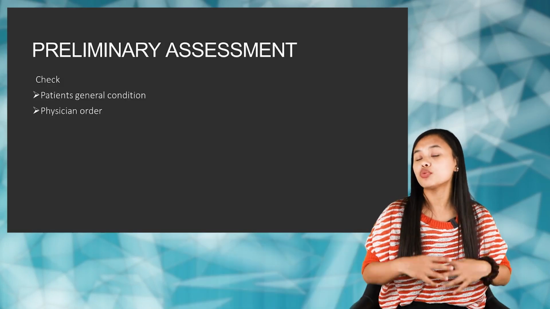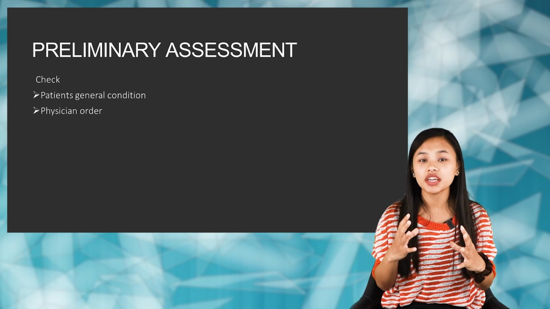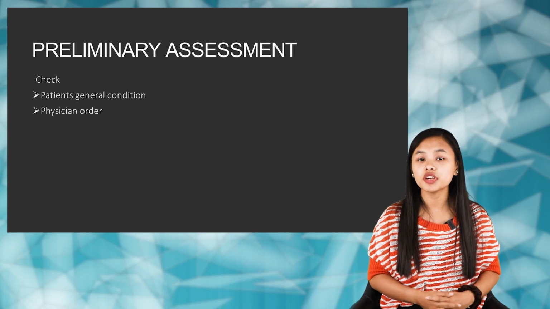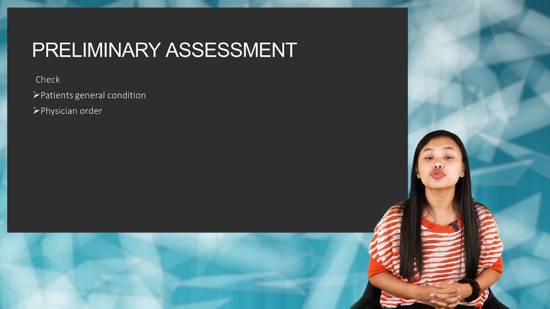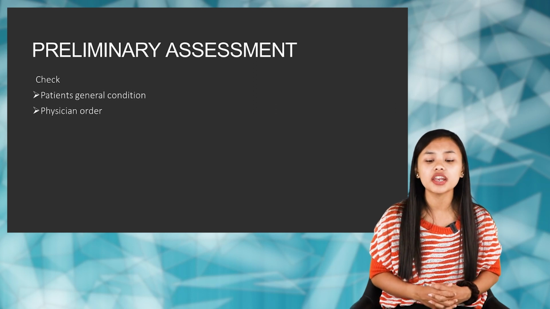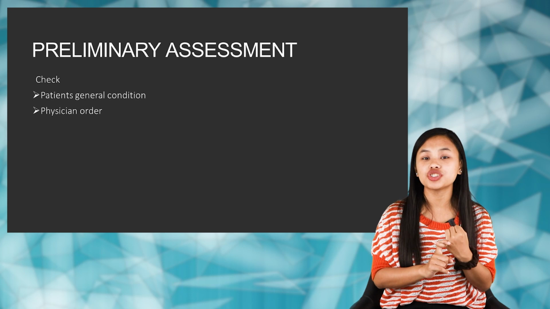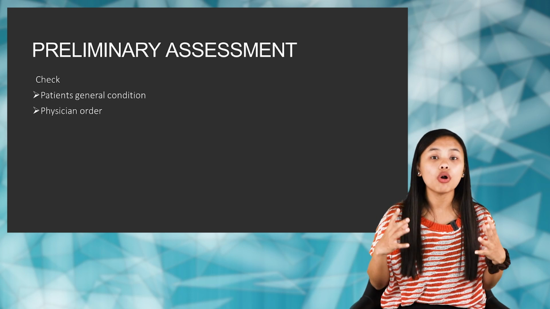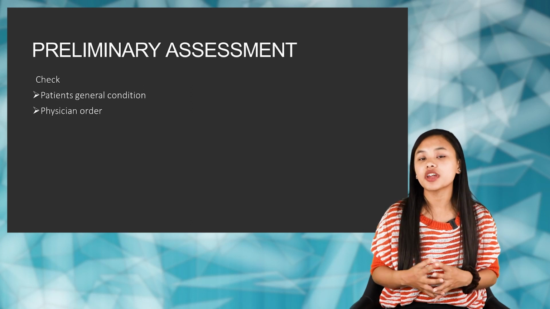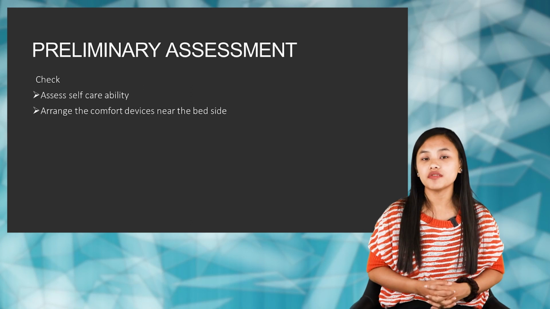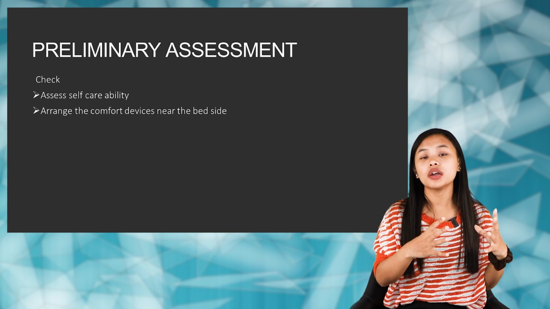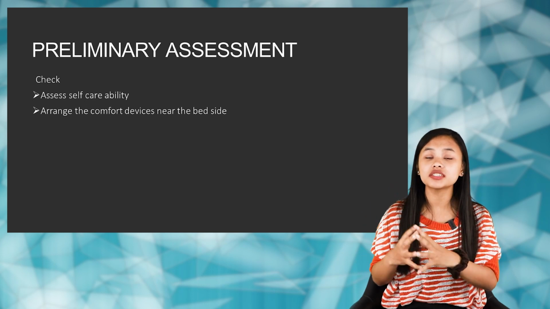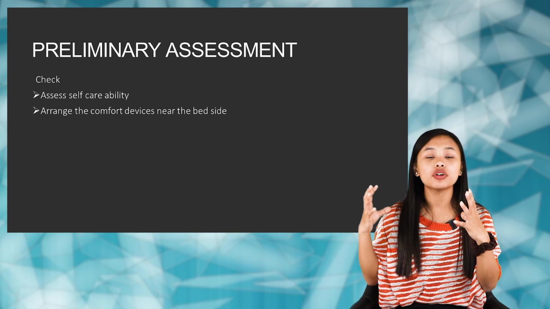Before you decide which position the client must take, you must first perform the preliminary assessment. Here you will be checking the patient's general condition, as well as the physician's order. You will also assess their self-care ability. After you have done this, if you feel that they require any comfort devices, you must make sure that you arrange them.